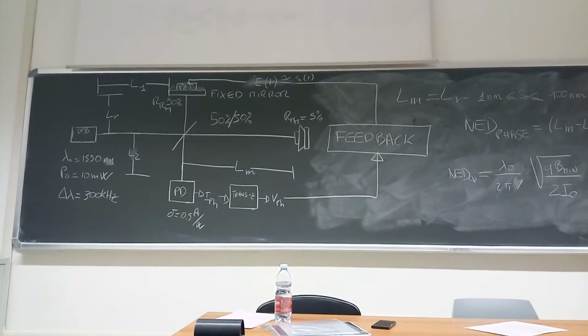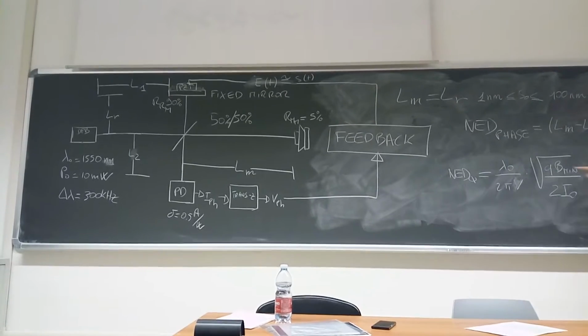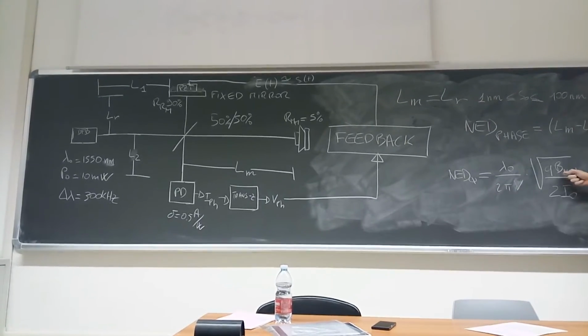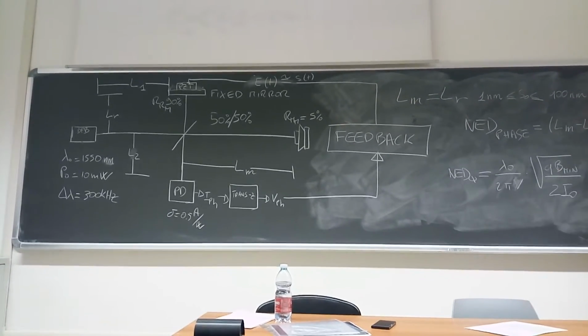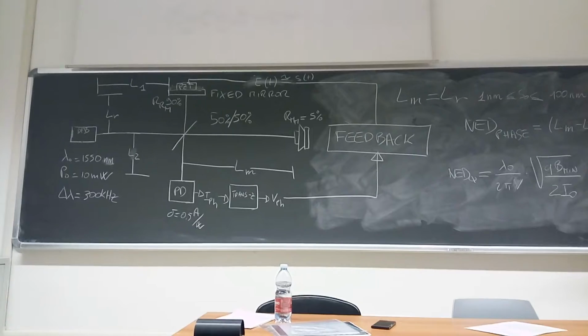Okay? q is the electron charge. Okay? And then you can use the bandwidth that you have just evaluated. You can work with a minimum value or another value. The important thing is to say what this bandwidth is. Okay?